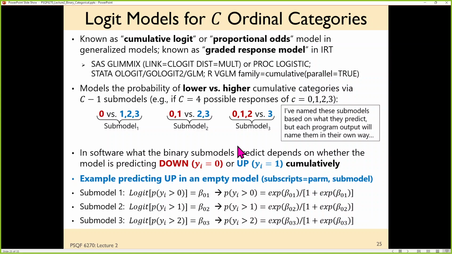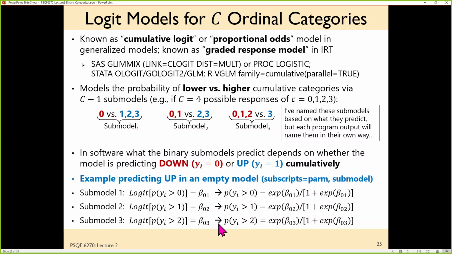So if I were predicting these 4 categories in an empty model with no predictors, the empty model would look like this. On the bottom of the screen, it takes all 3. The logit of a response greater than 0, if I'm predicting the blue here, I can write it as the probability of y greater than 0 is e to the intercept over 1 plus e to the intercept.